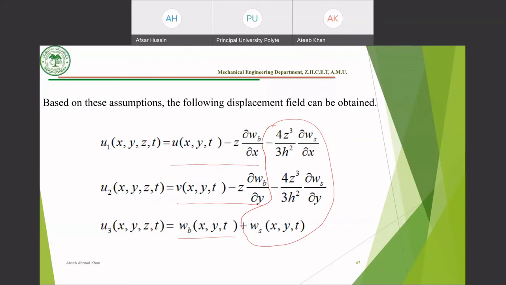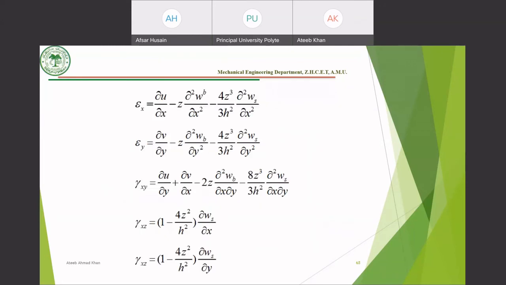Now again, it is important to note here that the shear component in case of the deformation in the third direction is not dependent upon z, because had it been dependent upon z, then that means that there is some elongation of the transverse normal in the z direction, which is not the case. So again, in this case also, epsilon zz will be equal to 0. Now these are obviously the strains, how we have calculated the strains.